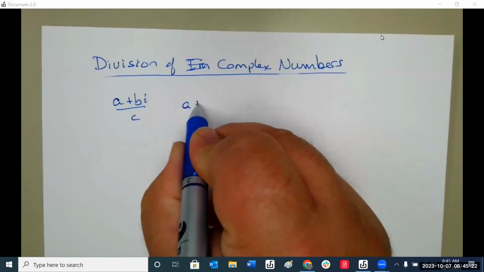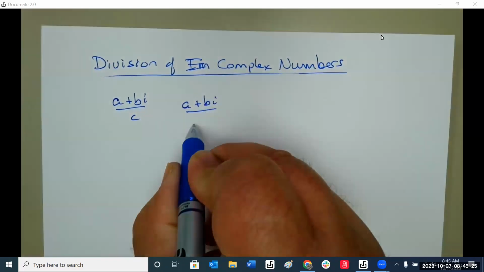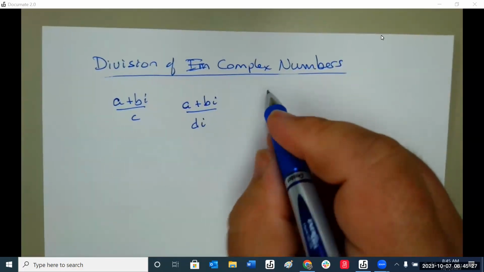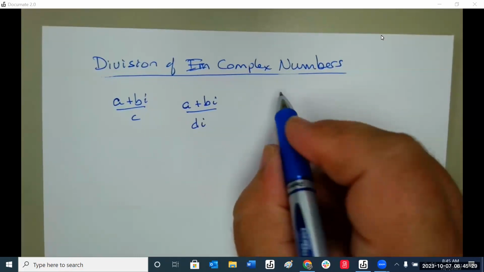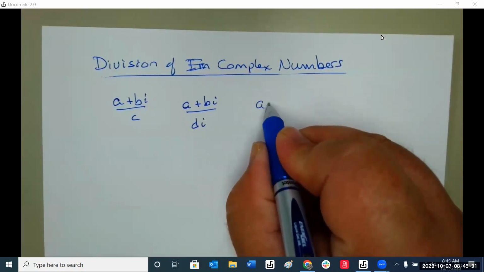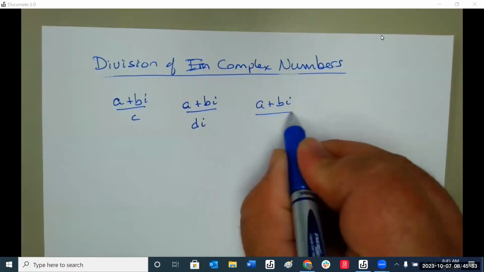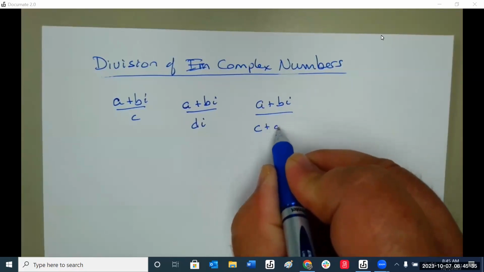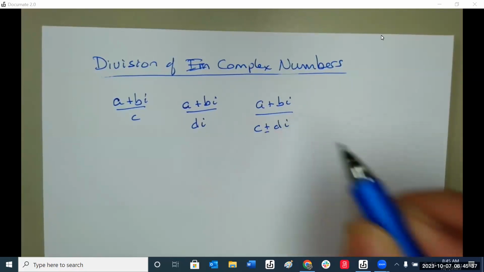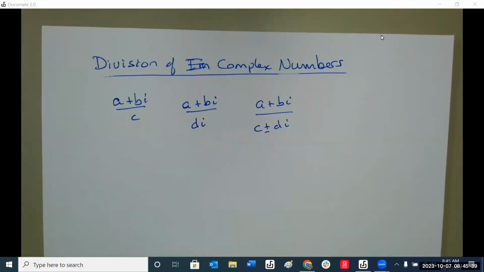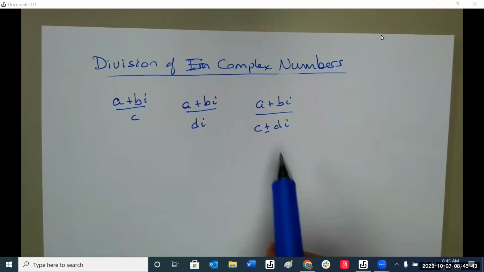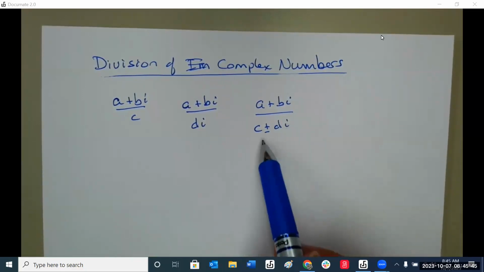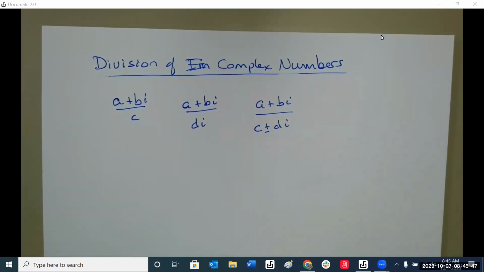We have 4 possibilities here. Actually, 3, if we just look at the last one. These are the 3 possibilities we can have. I combine these two because we can have c plus d or c minus d. It's still going to be the same rule.